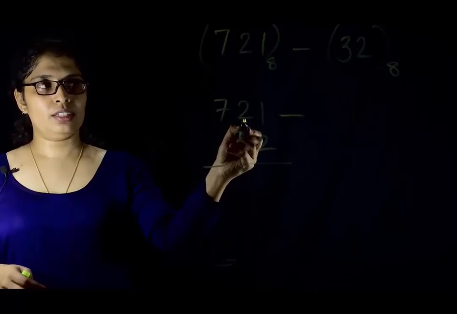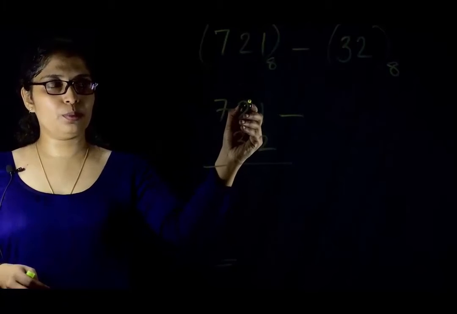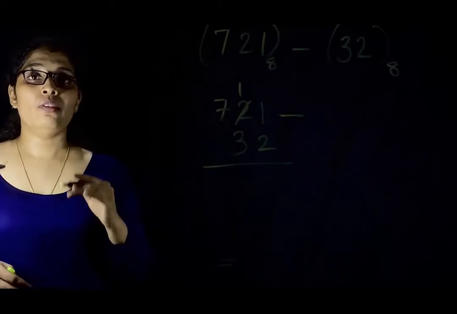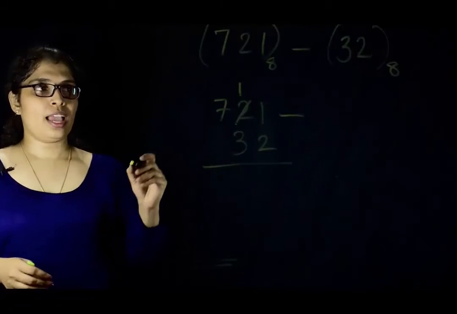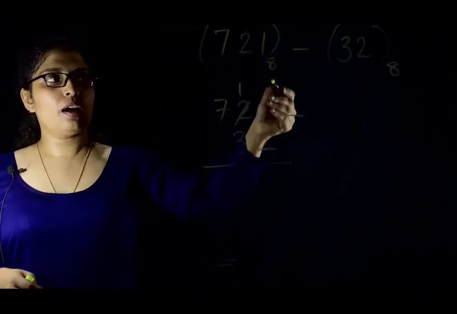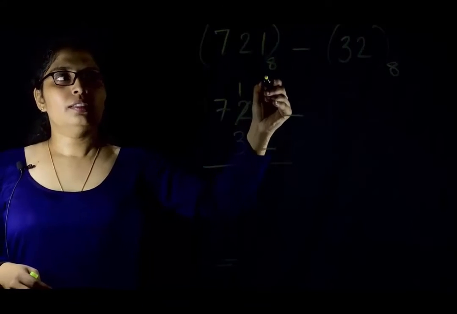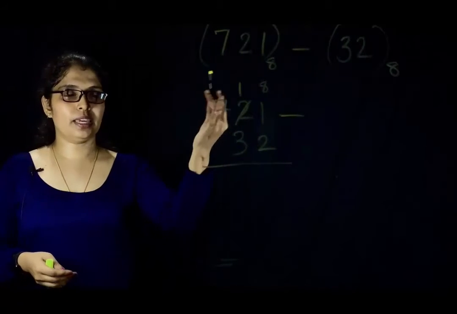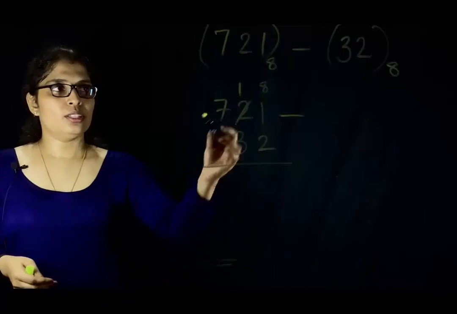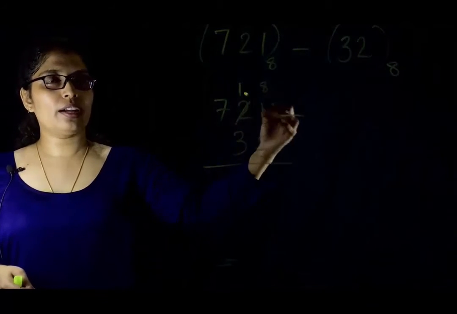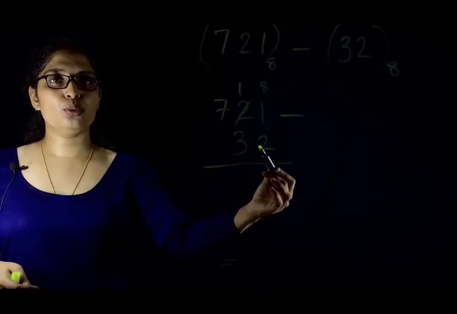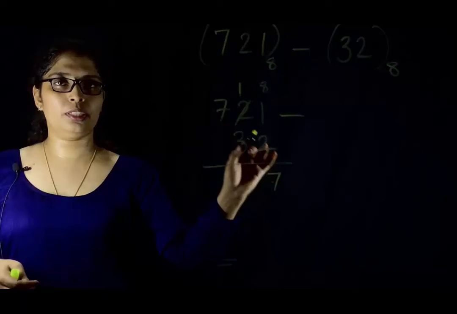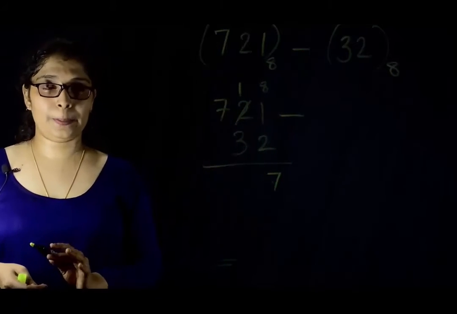While taking a borrow from this position, this 2 is reduced by 1 and becomes 1. That borrowed 1 is passed to this level, but here it forms 8, because the base is 8. Then 8 plus 1 is 9, 9 minus 2 is 7. So the subtracted value here is 7.